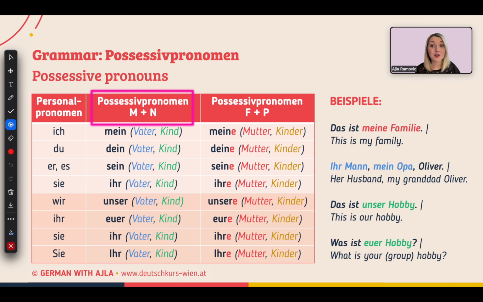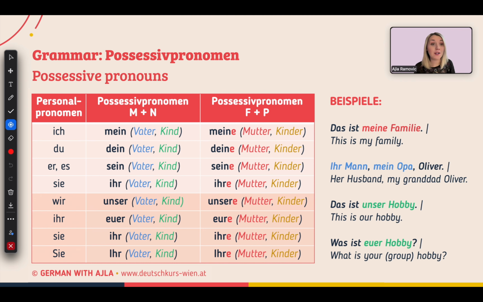And the most important rule here to remember is if your possessive pronoun is used before a masculine noun, like der Vater, and before a neutral noun, like das Kind, it will not have the ending e. Then we would just use, for example, mein, not meine.